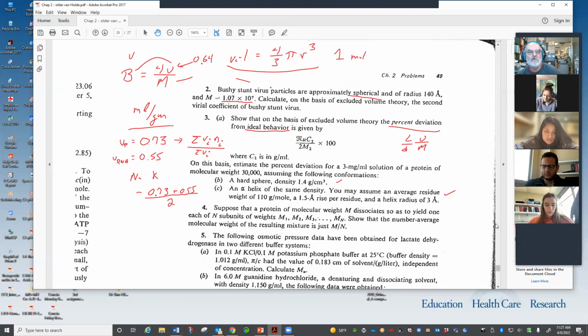This one ends up being over here. And then you plug this in with 30,000 and 3 mgs per mil, not 5 mgs per mil, to that equation up above. Yeah? Yeah. And again, if you didn't calculate using the right V bar, then maybe your percent deviation is going to be odd as well. Yeah?